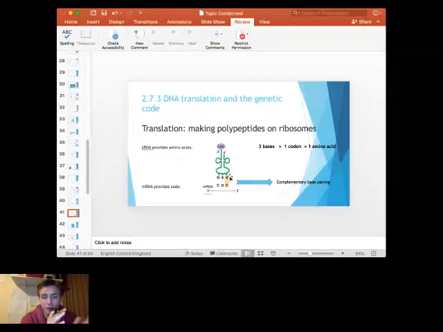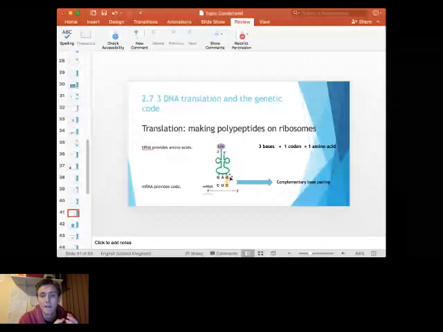Because if complementary base pairing works and each amino acid is specific to a code, then you're always going to have the same thing move along, right? And so via complementary base pairing, you can create a specific link of amino acids, which can eventually be linked together to form a polypeptide. And all of this occurs on the ribosome, okay? So that's what we call translation. And it's based on this genetic code, okay?